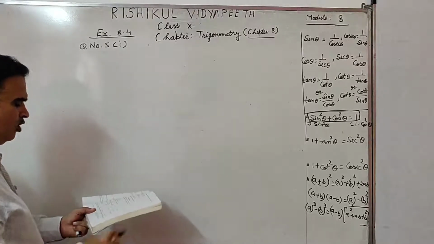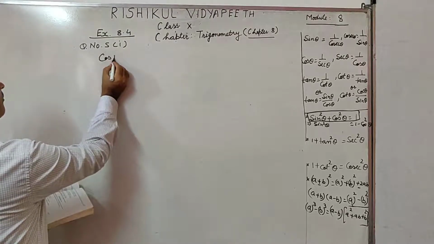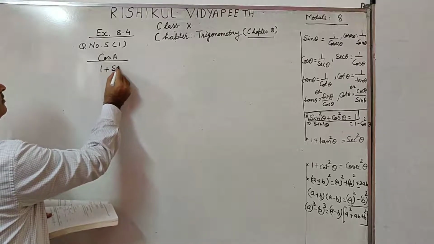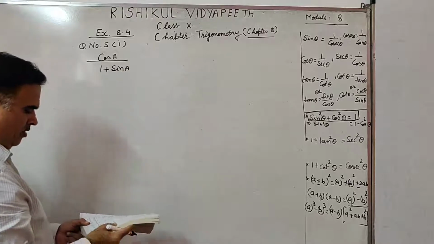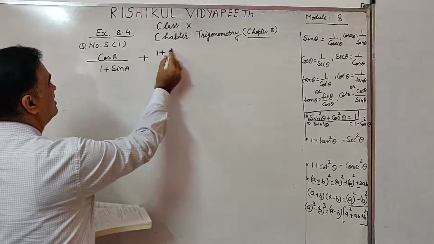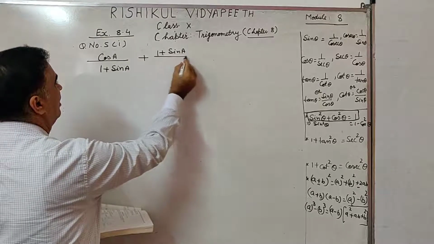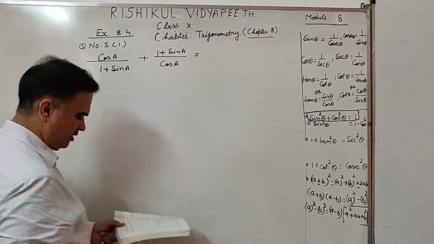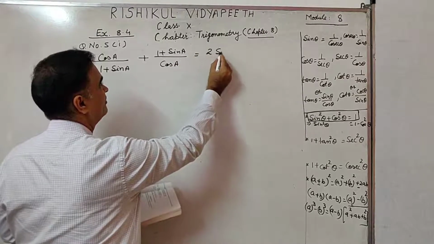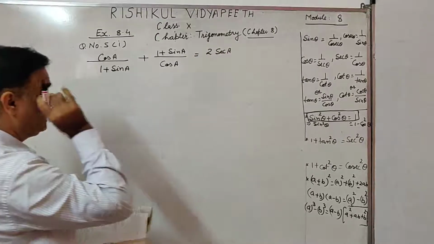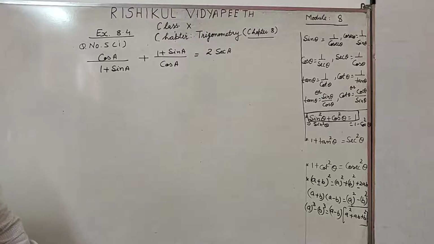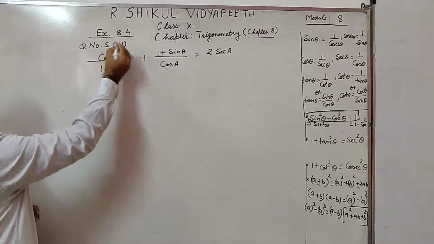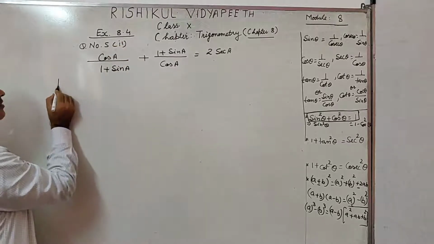You see, cos A upon 1 plus sin A plus 1 plus sin A upon cos A equal to 2 sec A. This is the second part. So again you take LHS.